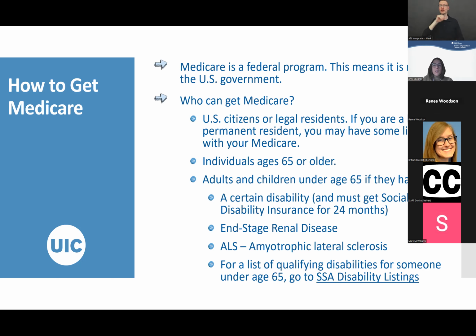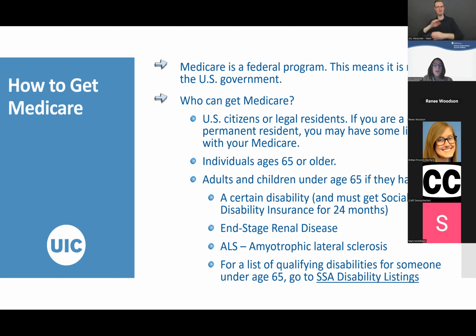That is a large group of the Medicare population. However, there are also ways for someone under the age of 65 or for a child to qualify for Medicare. So a disabled young adult can qualify for Medicare if they have a certain disability. The disabilities that are eligible are set by the Social Security Administration.